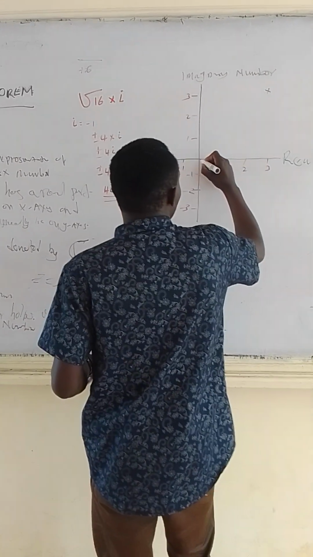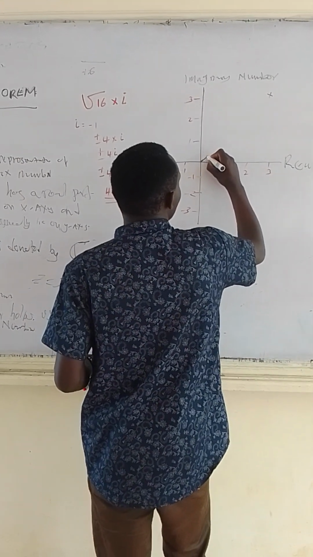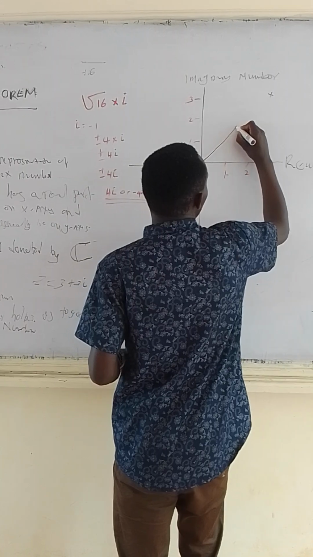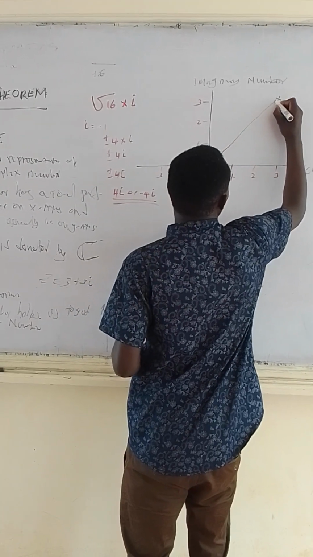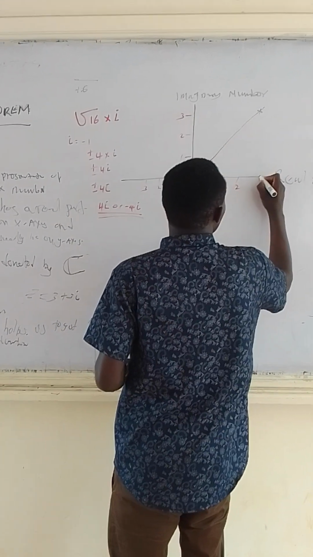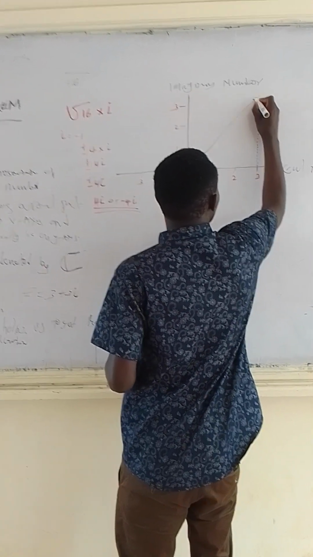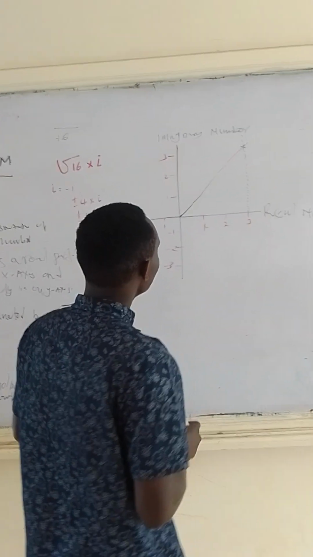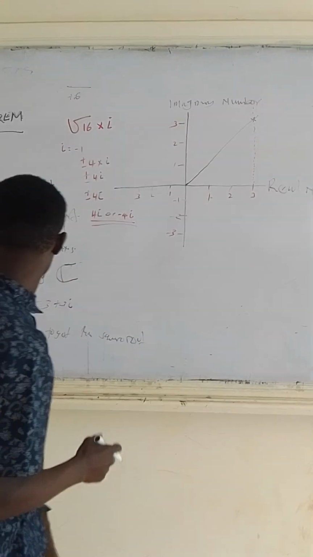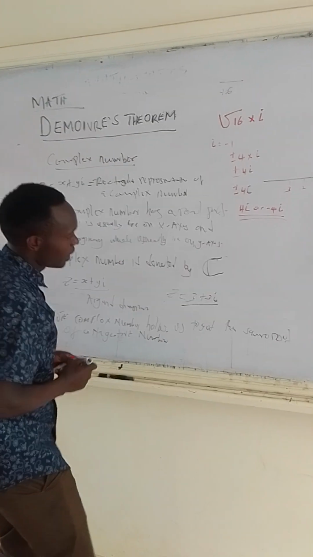So I'm going to draw a line. So this is the representation of a complex number on the Argand diagram.